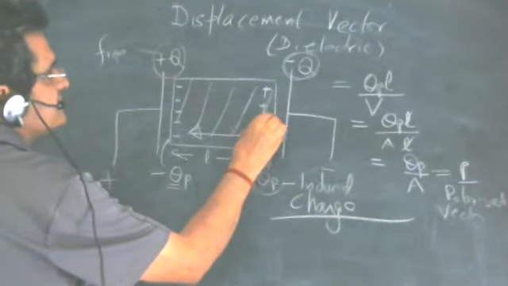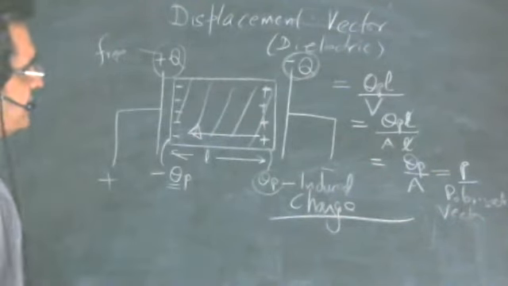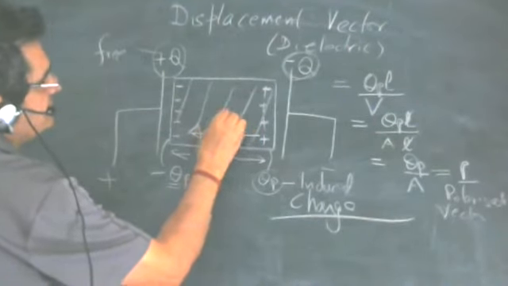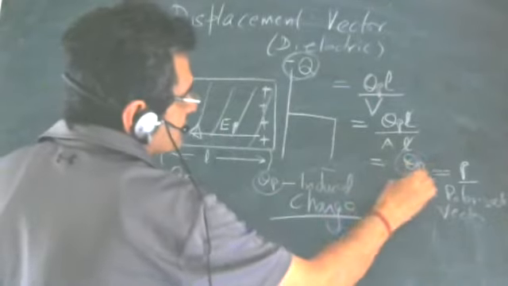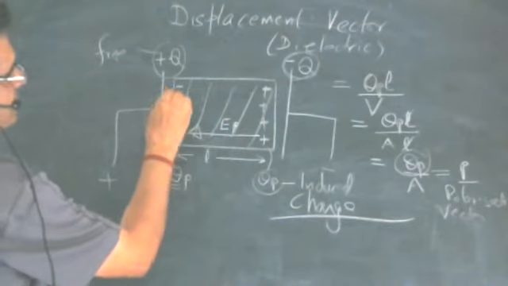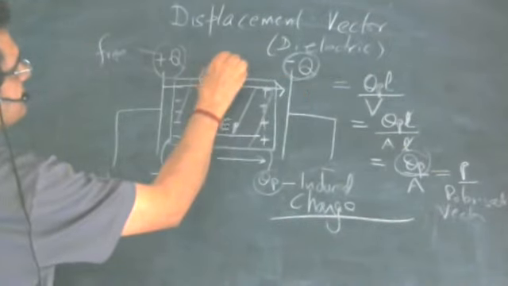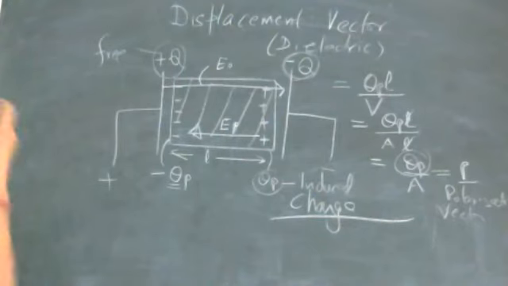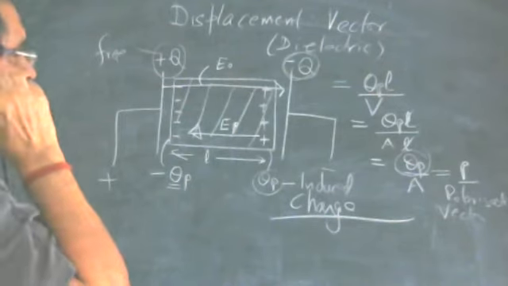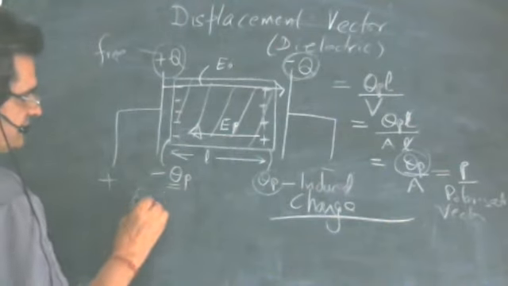Because of the induced charges on the surface of the dielectric, there is an electric field inside, EP, because of the polarization vector, or you can say the induced charge, and the direction of EP is opposite to the direction of E0. E0 is the electric field due to the plates of the capacitor, and EP is the electric field due to the induced charges. What is the value of EP?